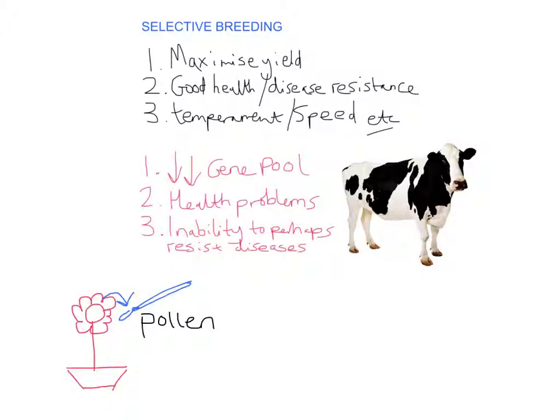All you then have to do is take that pollen on the paintbrush and transfer it to any other plant you wish. And that's it. You are selectively choosing which two plants to breed. You're not relying on a random pollinator.